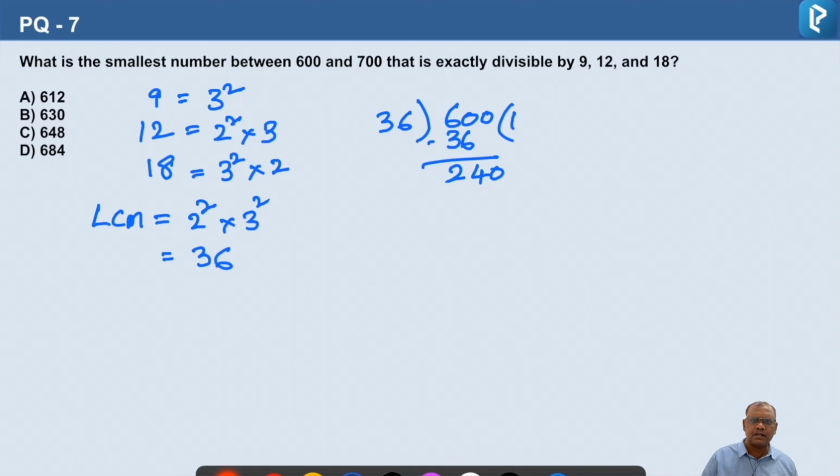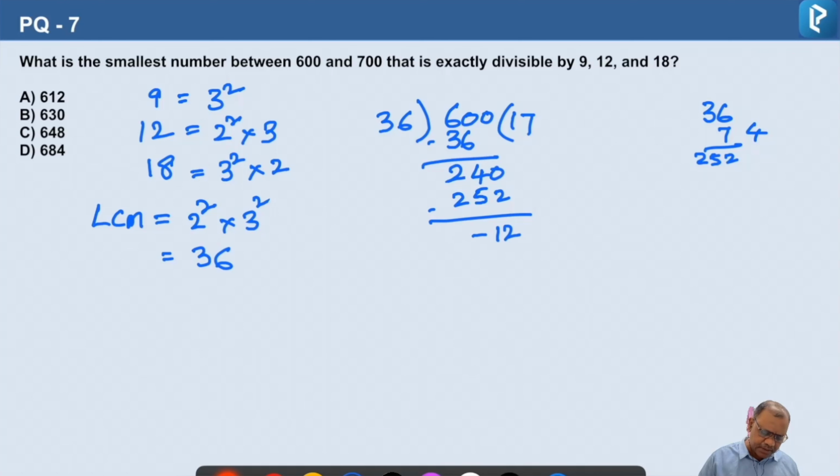Now let us see with 36 sevens. 7 6s are 42, 7 3s are 21 plus 4, 25, so 252. So if you subtract here, you will get minus 12.